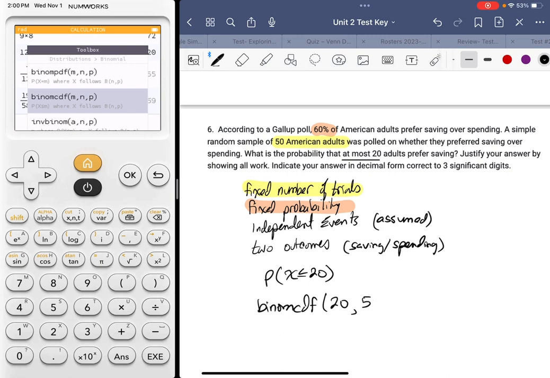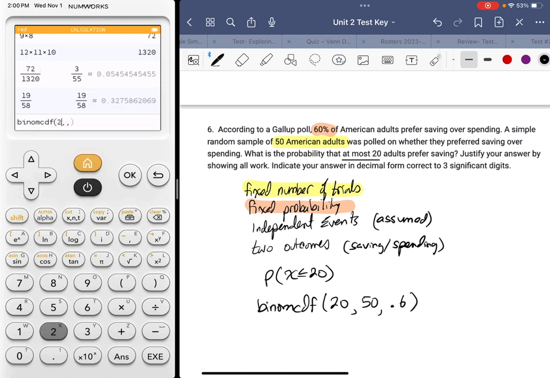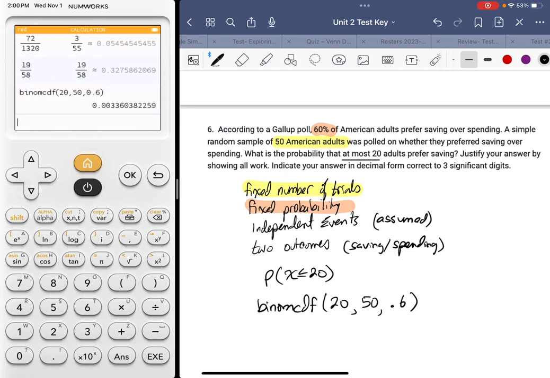Number of trials is 50, probability of success is 0.6. So 20, 50, 0.6. So we're looking at about 0.00336.